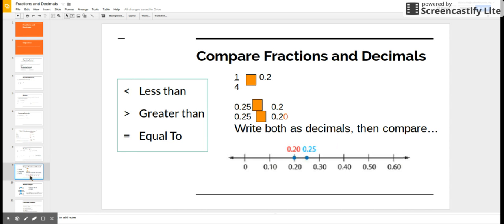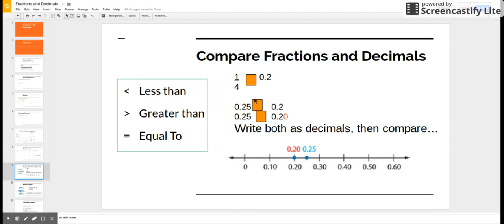Alright, here's how to compare fractions and decimals. I know you're all familiar with these symbols. This is less than, greater than, and equal to. If we're trying to compare 1/4 and 0.2 or 2/10, turn them both into decimals, and then you can compare easily. So this 1/4 turns into 0.25. This 0.2, we're going to keep it as 0.2. Now if you notice, we have 0.25, 2 place values, 0.2, 1 place value.